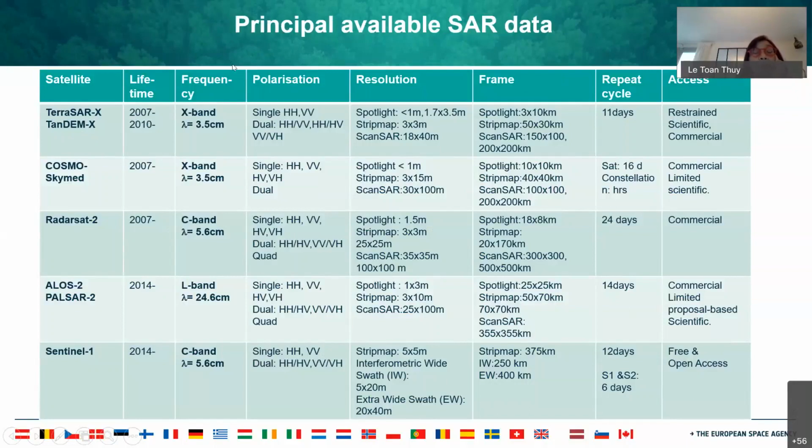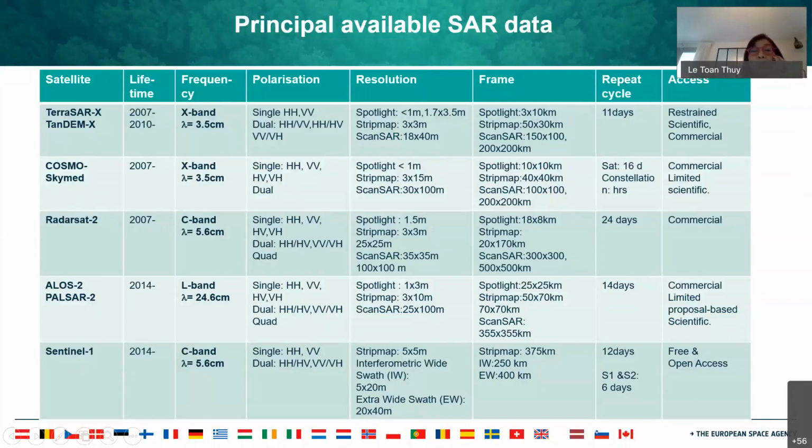Here I put a few that are popular and used by people: TerraSAR-X, TanDEM-X, Cosmo-SkyMed, RadarSat, ALOS PALSAR, ALOS-2, and Sentinel-1.